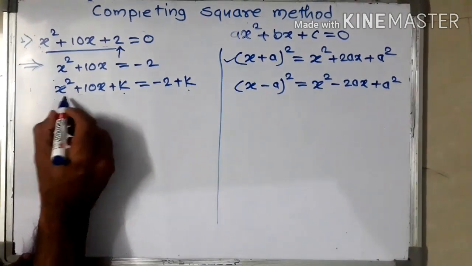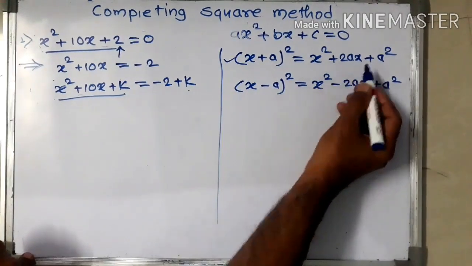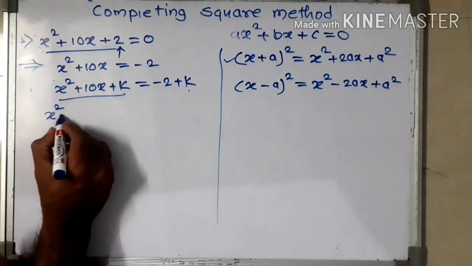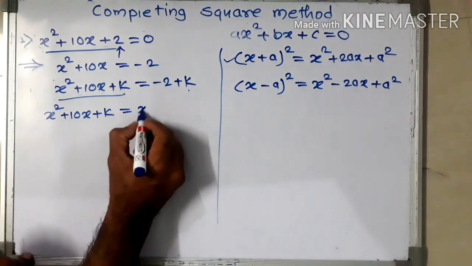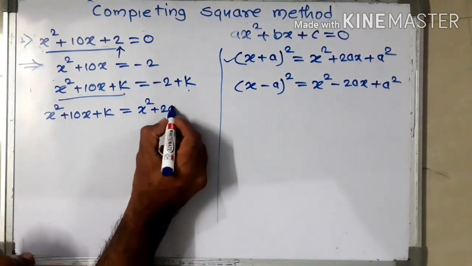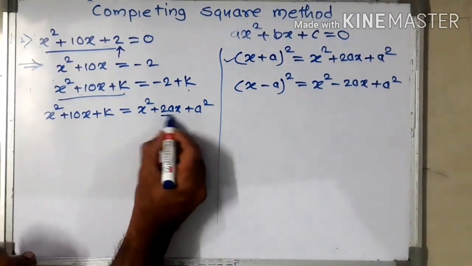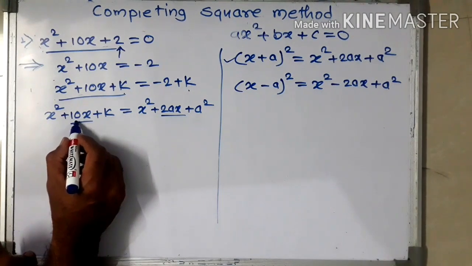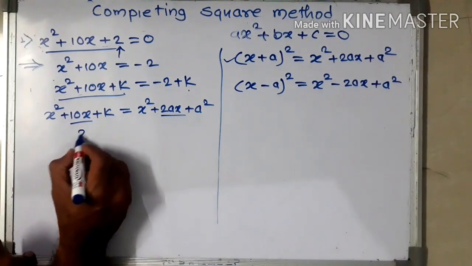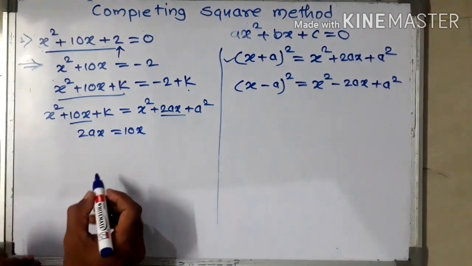Now compare the polynomial with the expansion of the square polynomial. x square plus 10x plus k equals x square plus 2ax plus a square. Here the middle term is 2ax and in our polynomial the middle term is 10x. So 2ax equals 10x.